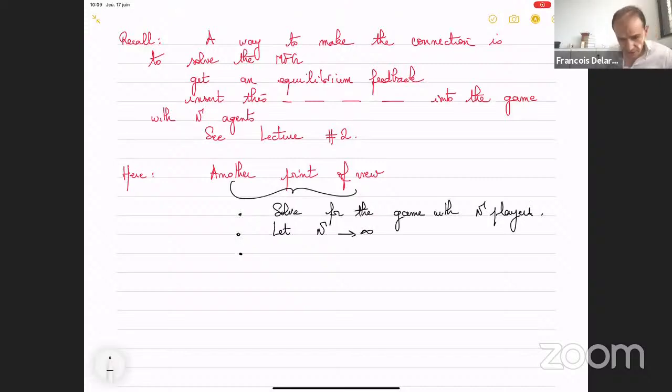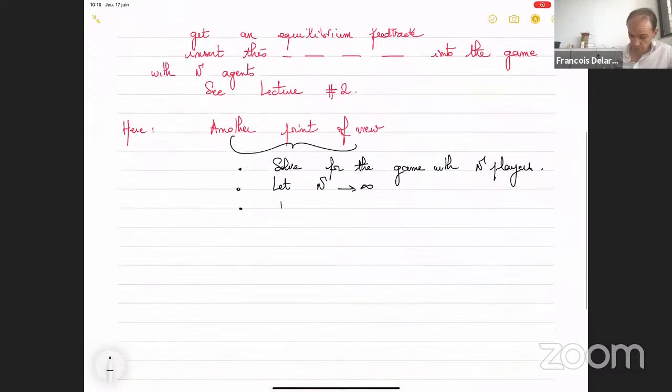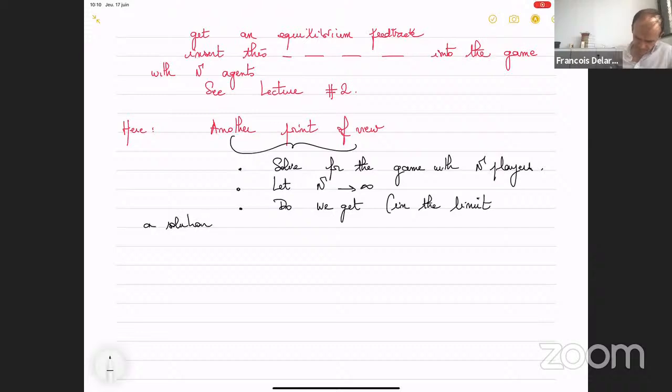And the question is, do we get asymptotically, in the limit, a solution to the original mean-field game?